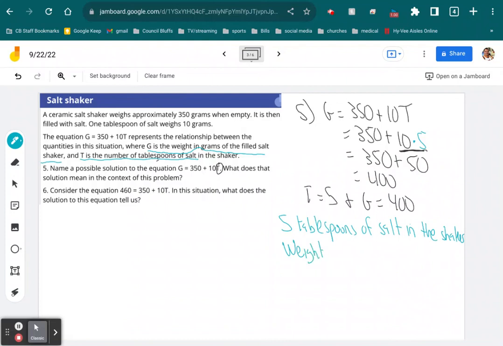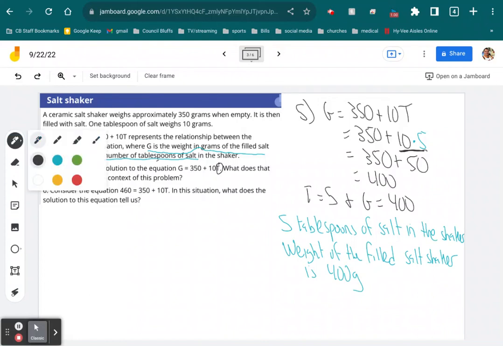So I identified a solution, T equals 5 and G equals 400, and I explained what it means. T equals 5 means there are 5 tablespoons of salt in the shaker, and G equals 400 means that the weight of the shaker is 400 grams. So that is your answer to number 5.